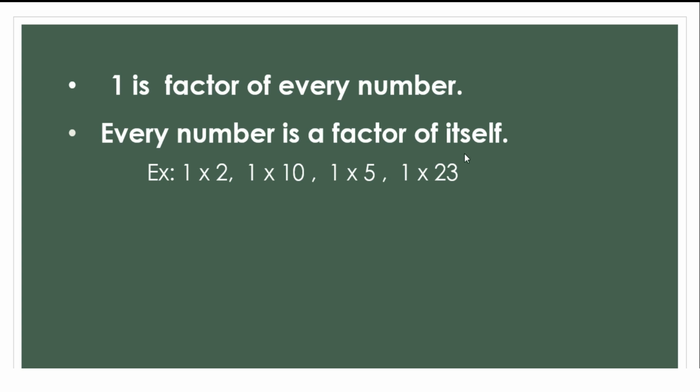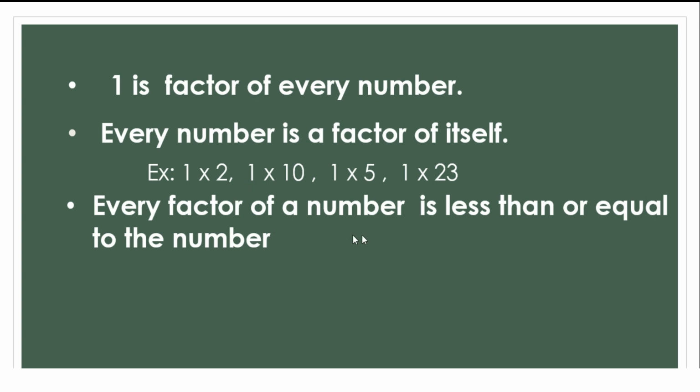Every number is a factor of itself. So when we check for 2, 2 is a factor of 2. Then when we check for 10, you will get the factors of 10 as 1, 2, 5 and 10. So 1 also comes as a factor and 10 also comes as a factor.